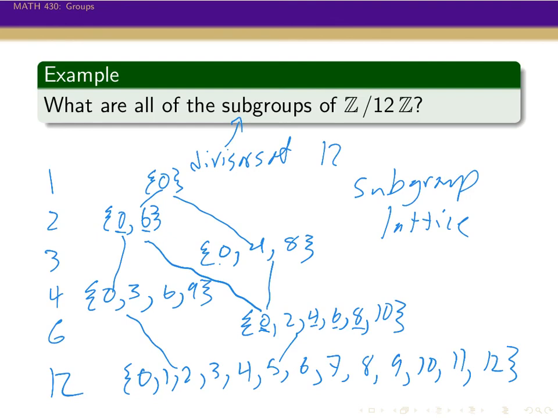But what the lines here represent is that 0, 4, 8 is a subgroup of 0, 2, 4, 6, 8, 10. And then if you look at 2, 2 divides 4, so it's a subgroup, and then 4 is a subgroup of 12, so this means that 2 is also a subgroup of 12.